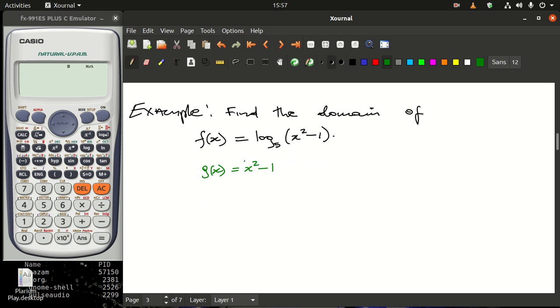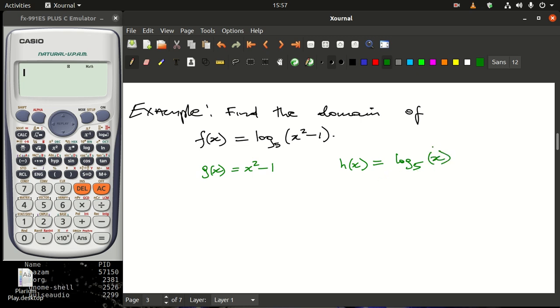And if I were to replace this thing by just x, I would end up having some f of x. I'm going to have some h of x equal to log base 5 of x.